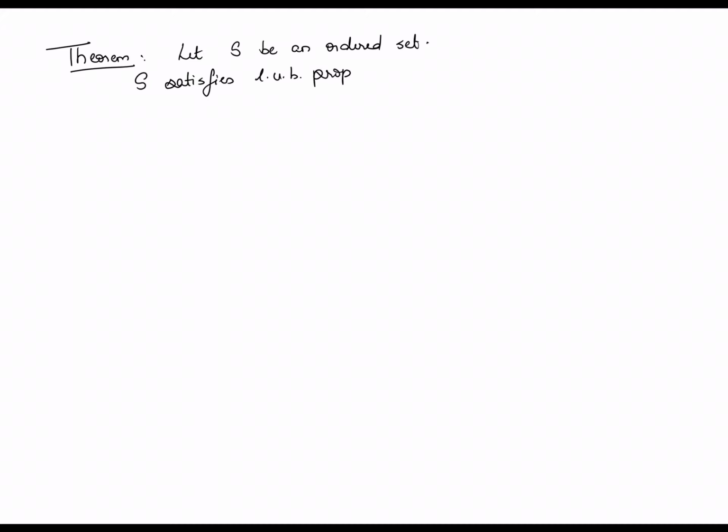What is the LUB property? The LUB property is whenever there is an upper bound, there is a least upper bound. This is equivalent to S satisfying the GLB property. So essentially these two properties are equivalent.